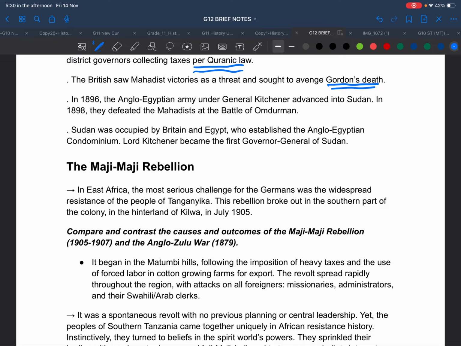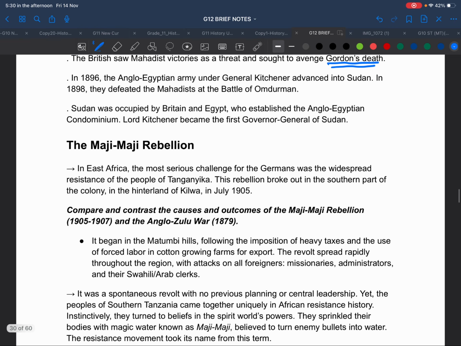In 1896, the Anglo-Egyptian army, the two combined forces under another military commander, General Kitchener, advanced into Sudan. In 1898, this Anglo-Egyptian army defeated the Mahdists at the Battle of Omdurman, and this marked the end of the Mahdist movement and rebellion. Sudan became a British colony from 1896 up until 1956.